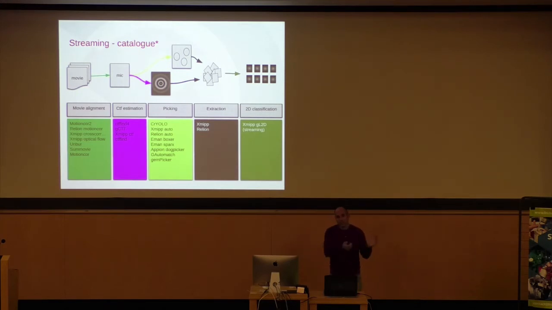They start with a set of particles and they just go with that set. Xmipp developed some time ago GL2D that is able to do this. So that's why it's specified in streaming. Obviously, there is also CryoSPARC 2D, Relion 2D, and Xmipp CL2D, but they don't work in streaming.